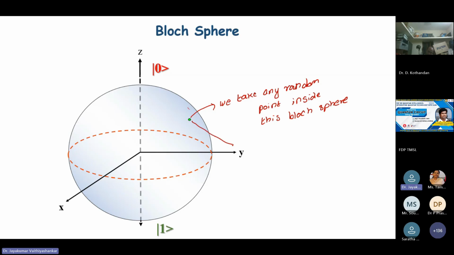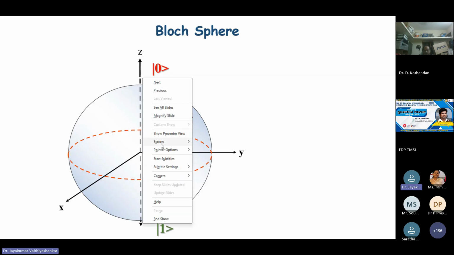This green dot will represent any quantum particle. So this is the logic. Next what we do, we try to realize what is the position of this quantum particle. So this is in superposition or mixed state.